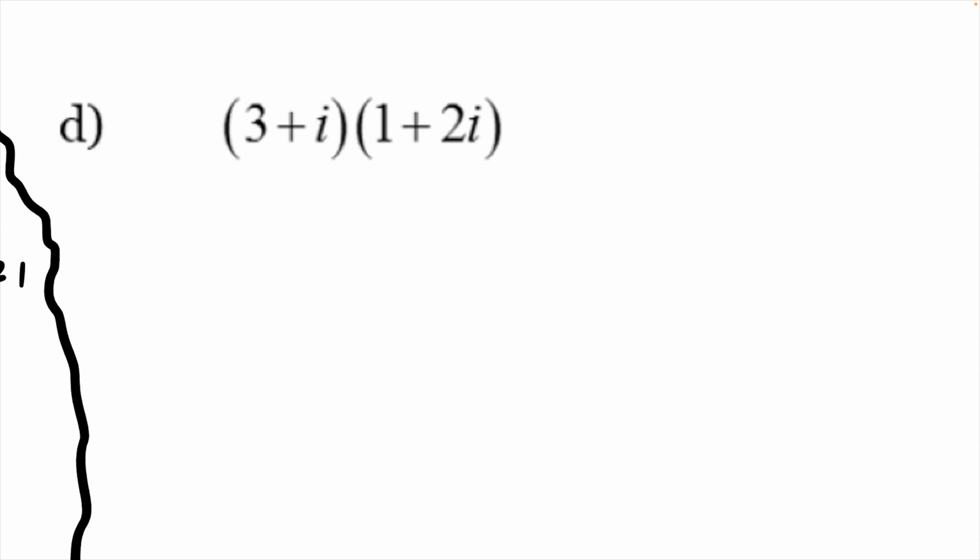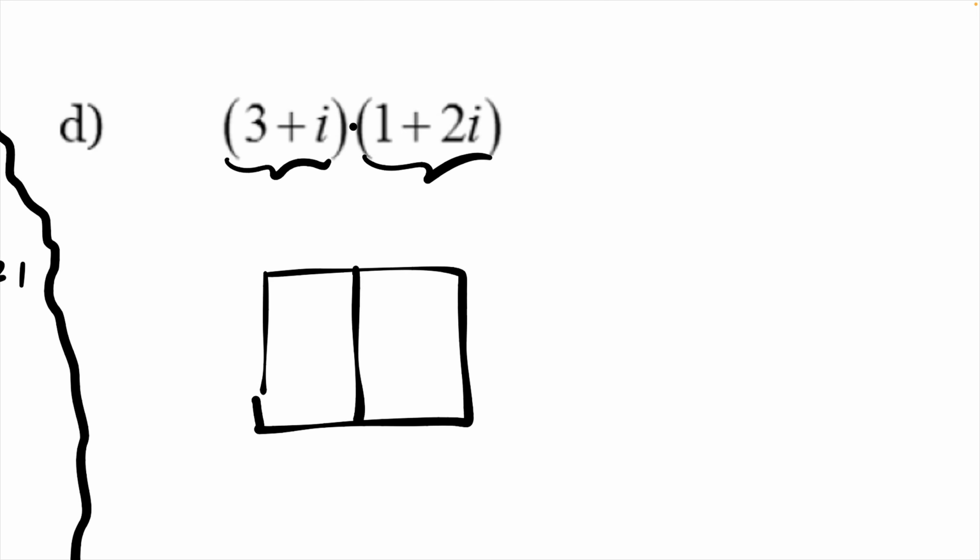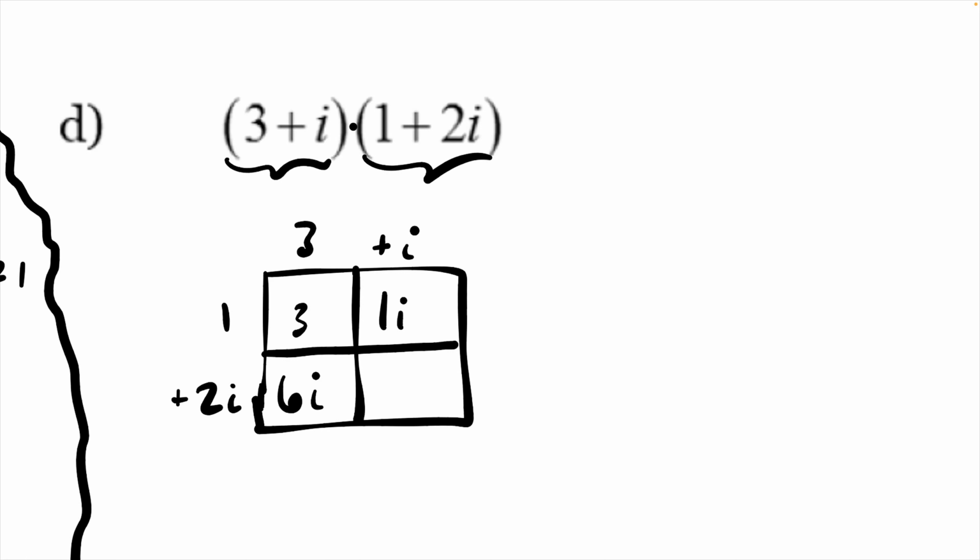Started with a box. 2 by 2 box, because it's multiplication. 3 plus i, 1 plus 2i. Multiply. 3 times 1 is 3. 1 times i is 1i. 2 times 3 is 6i. 2 times 1 is 2i squared.